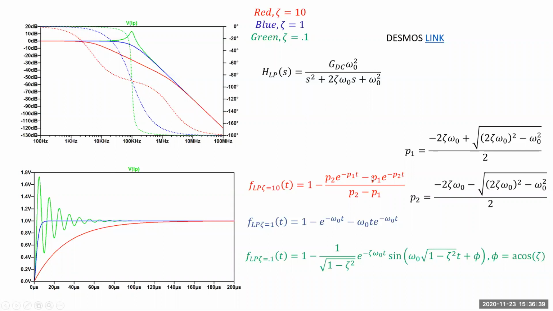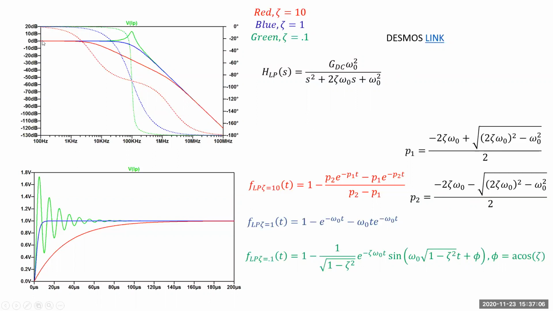Now, here is the whole equation. Red is 2 different poles, blue is 1 repeated pole, and green is 1 complex pair of poles. You can see it's actually a lot of programming to get this right.